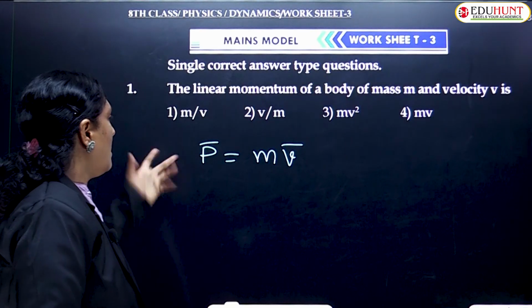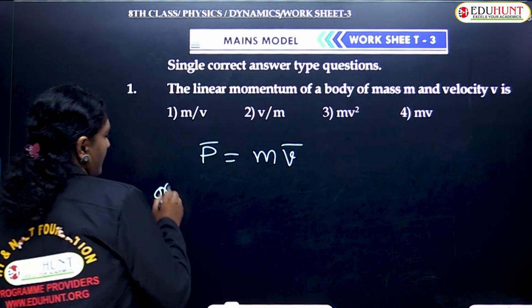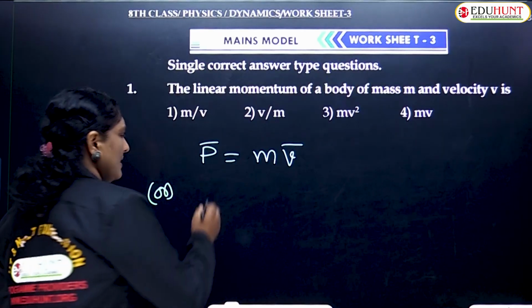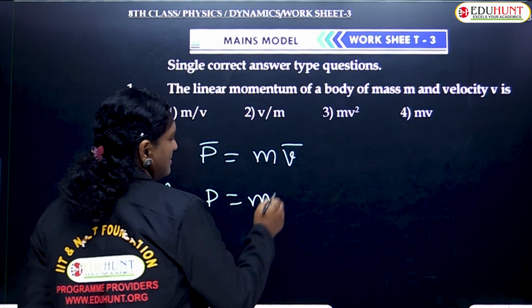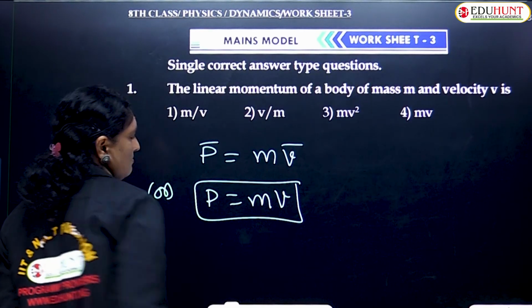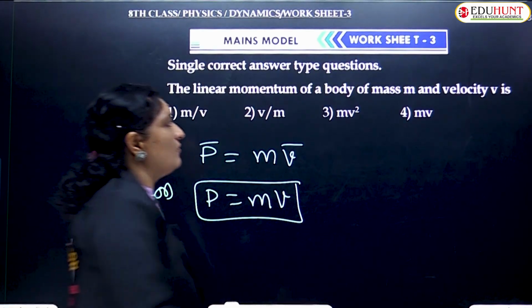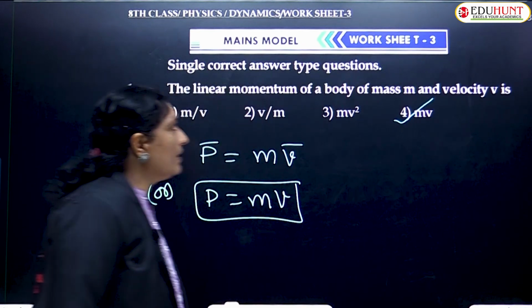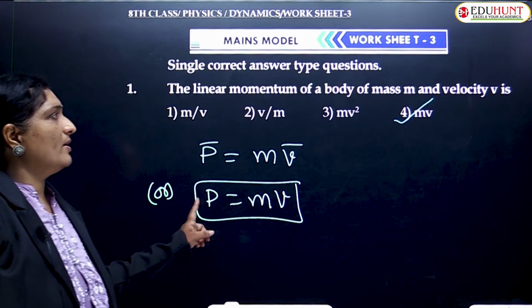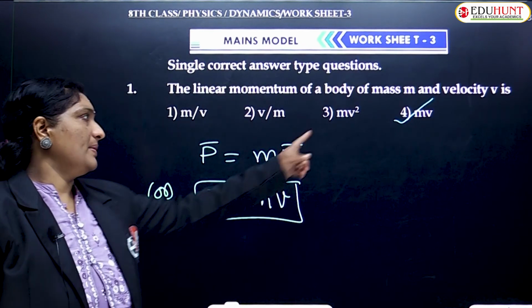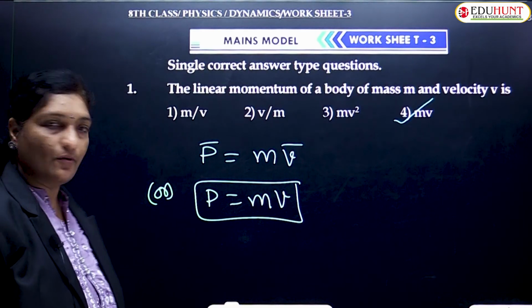But if you don't need to specify whether it is a vector or scalar, simply it can be written as P equals mass into velocity. The product of mass and velocity gives momentum. So where is the correct answer? Fourth option is true. So the linear momentum of a body of mass m and velocity v is given by P equals mv. Your right answer is the fourth option.